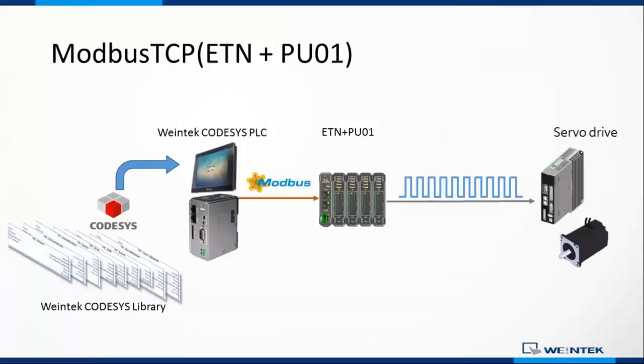The ModbusTCP protocol can also do motion control by activating PU01 through the motion function block, but no drive supports ModbusTCP protocol for direct control. So if we use ModbusTCP and also want to do motion control, iR-ETN plus PU01 is the only way to control the motor.